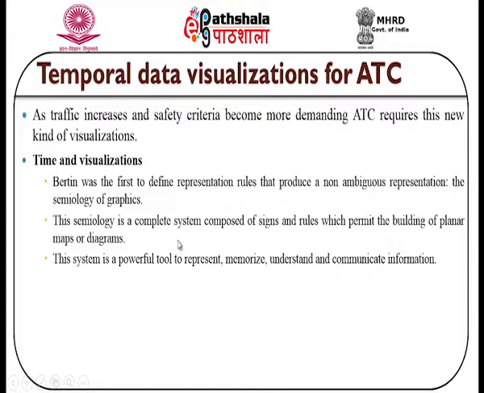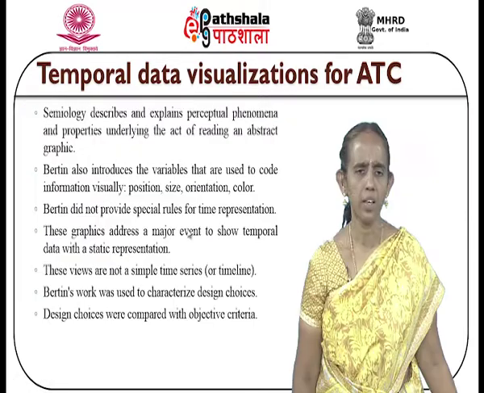Bertin was the first to define representation rules that produce a non-ambiguous representation, the semiology of graphics. This semiology is a complete system composed of signs and rules which permit the building of planar maps or diagrams. This kind of system is a powerful tool to represent, memorize, understand, and communicate the information.